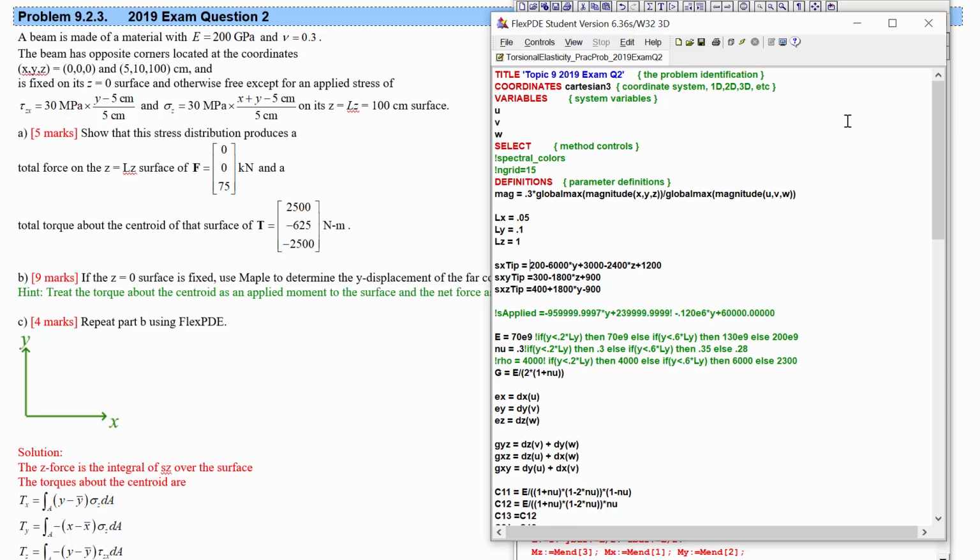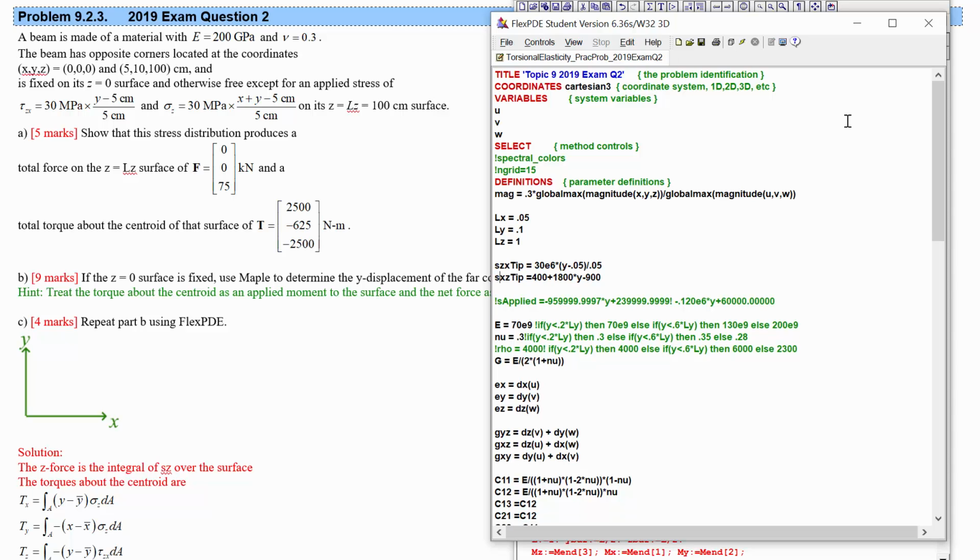And we have different stresses on that final surface. We have an X stress at the tip. Let's call this SZX of 30E6 times y minus 0.05 over 0.05. We have no Y stress on the tip.